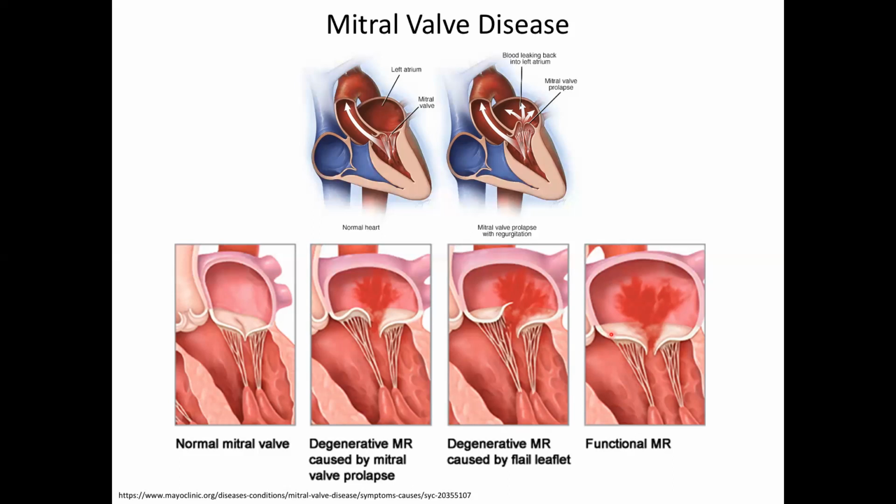It just mechanically pulls them apart. And so then the valve leaflets themselves no longer can coapt. And so that's secondary mitral regurg, secondary to heart failure usually, and expansion and remodeling of the left ventricle. So there's many ways this valve can go down and get broken.